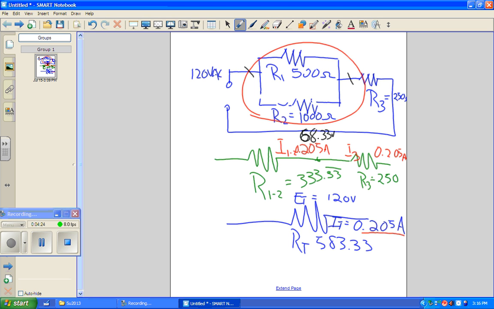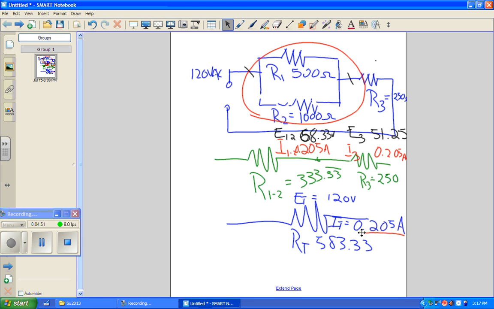Now, 250 times 0.205 is 51.25. So our voltage drop across this resistor right here is 51.25 volts.